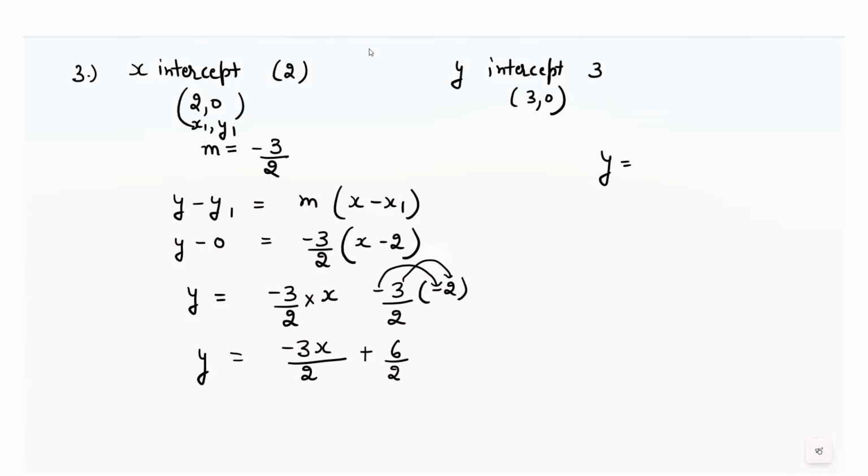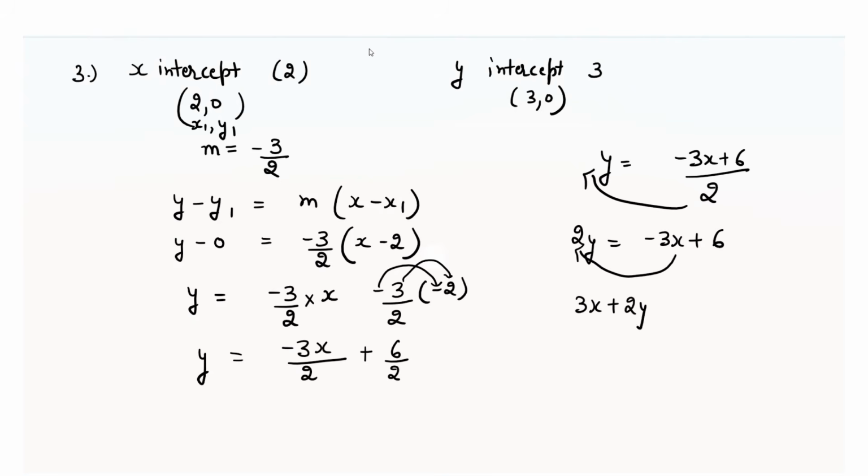Now with the same denominators, we write the denominator once. We take this 2 to this side and we get 2y is equal to minus 3x plus 6. Now we take this to this side and we get 3x plus 2y is equal to 6. So this is how we can write the equation of a line using the three different methods.